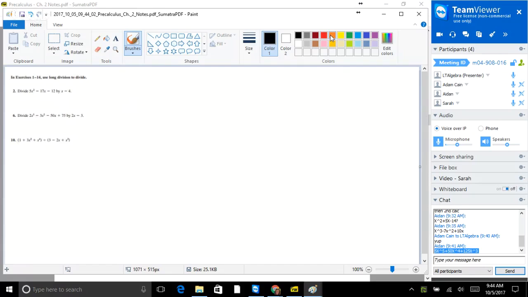They want us to divide it by x minus 4. So we're going to set up a long division problem. Probably haven't done that in a while, right? It's going to look just like a long division problem with regular numbers, but instead we put our polynomial inside.